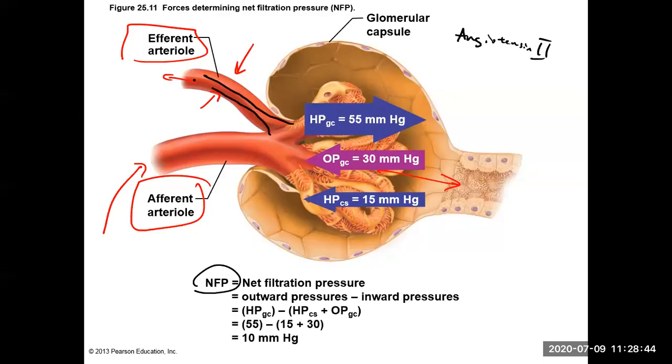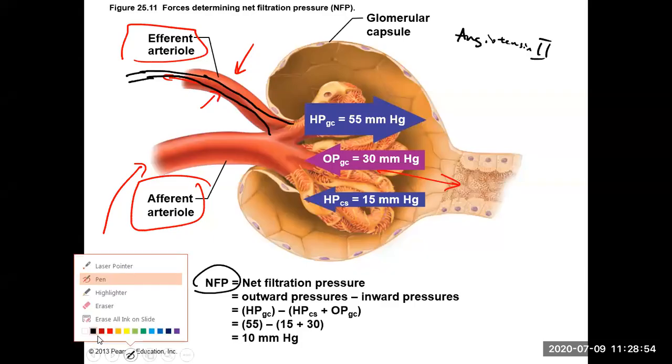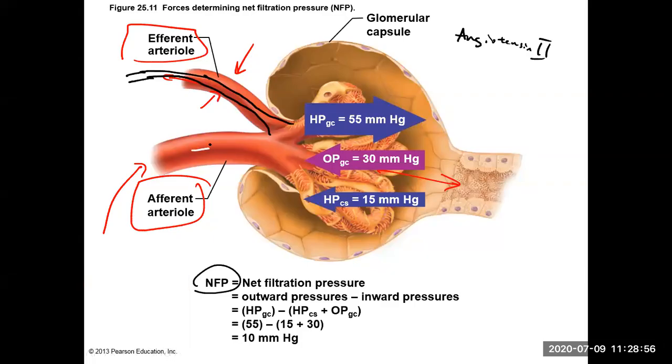Let's say now it is this much. As you constrict it, this is a vasoconstrictor. Now you could see as the blood is coming in here, they're going to have a hard time because there's more resistance to go in here. So what happens? More of them want to go the other way.